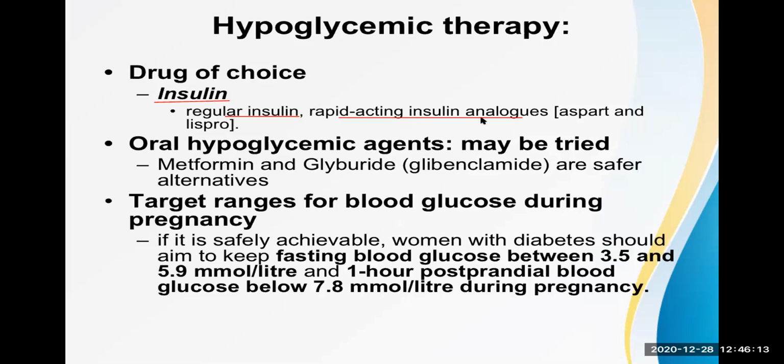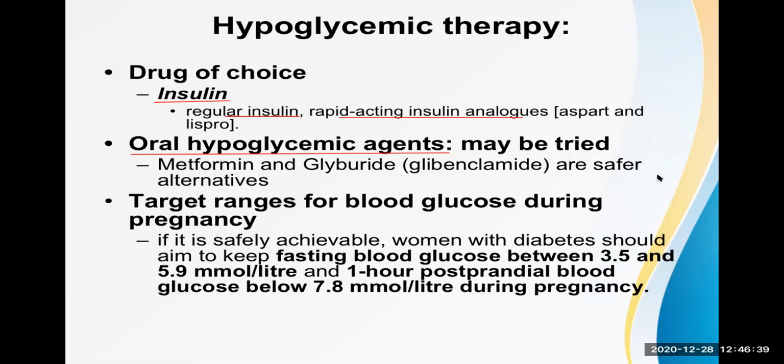Now, another important question. What is the role of oral hypoglycemic agent during pregnancy? Your answer is, as far as possible, we don't go for it. We go for insulin. But sometimes, some patient may opt against the insulin because insulin is an injection.